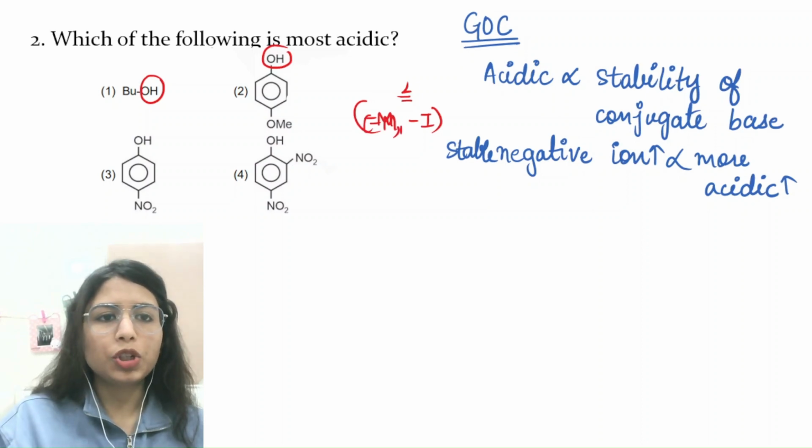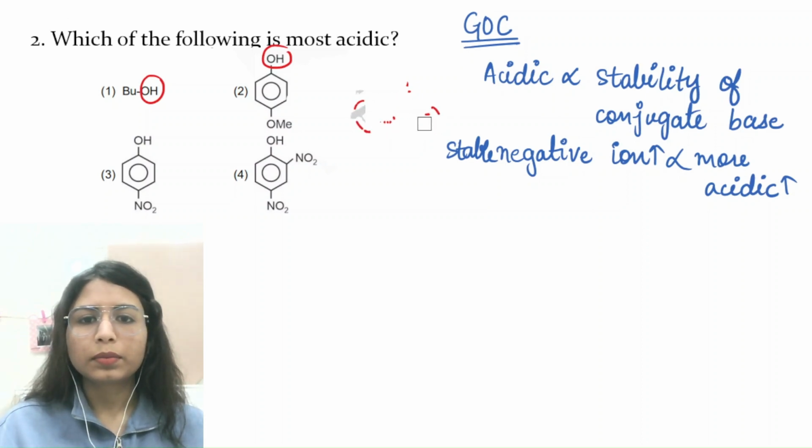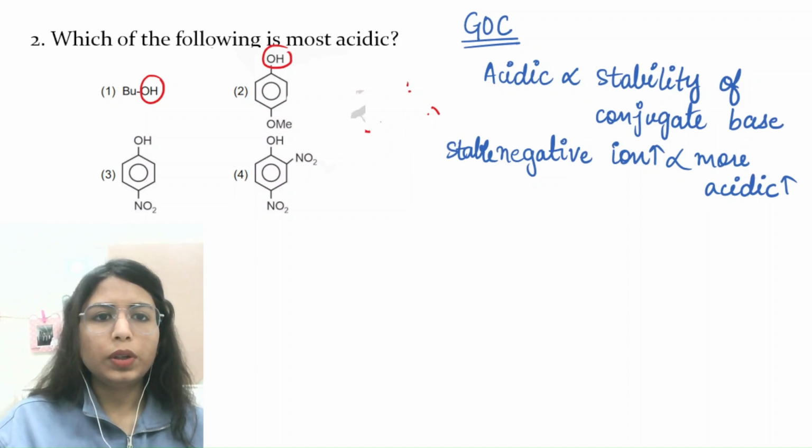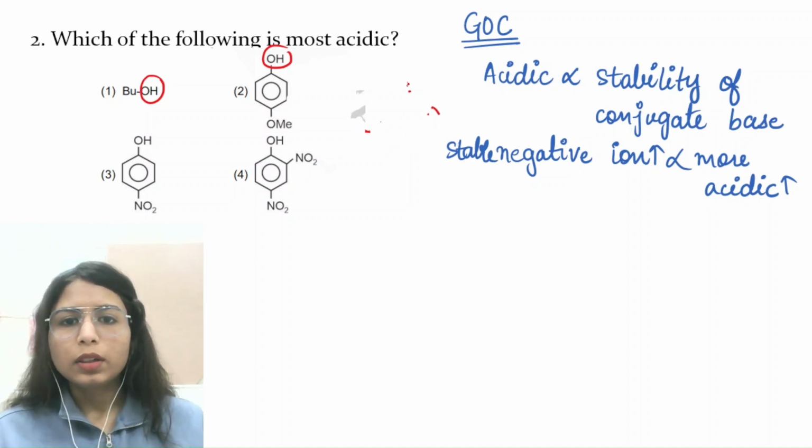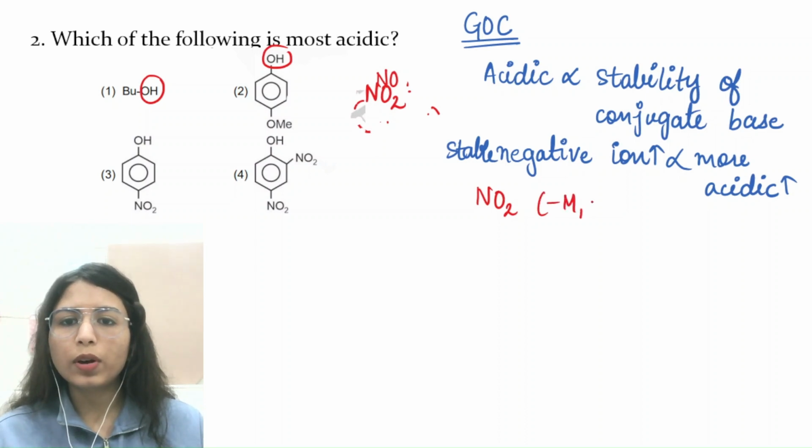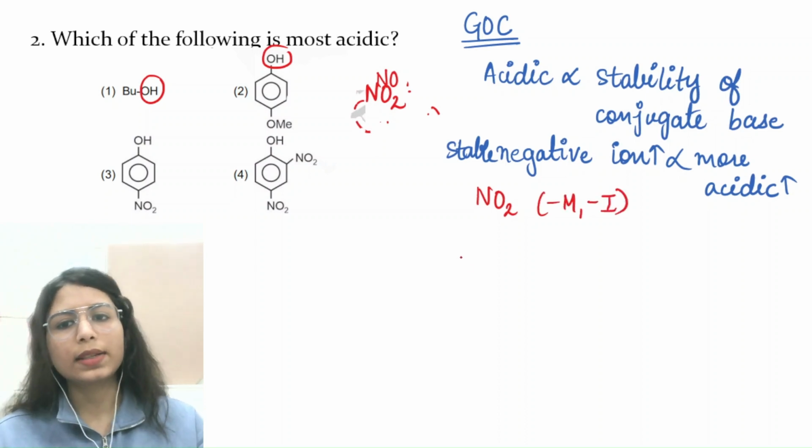So here let me just write it again. So here you will be having the NO2 group. This NO2 group withdraws electrons through -M and -I effect.